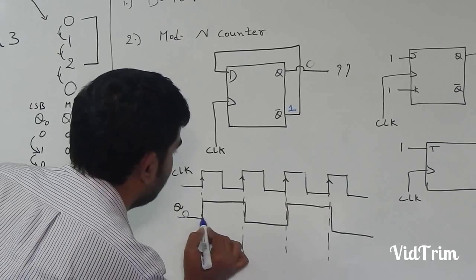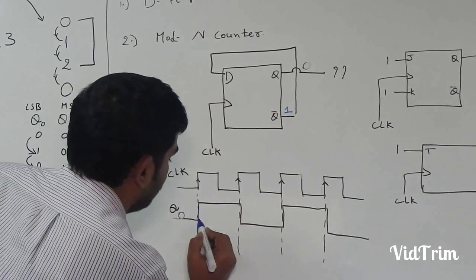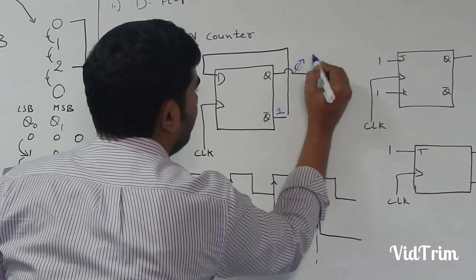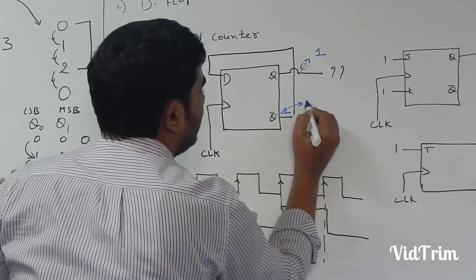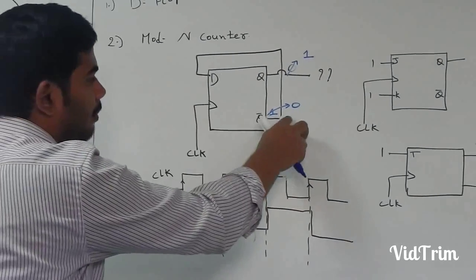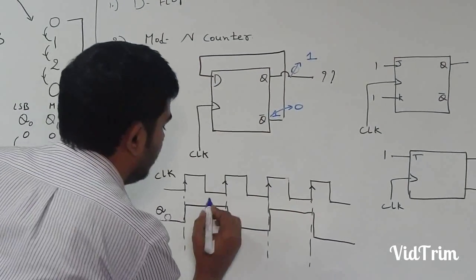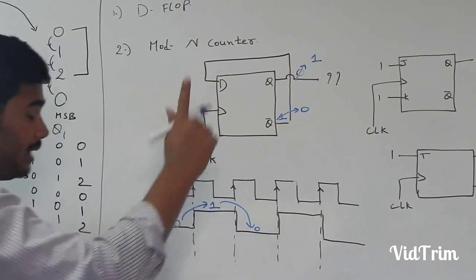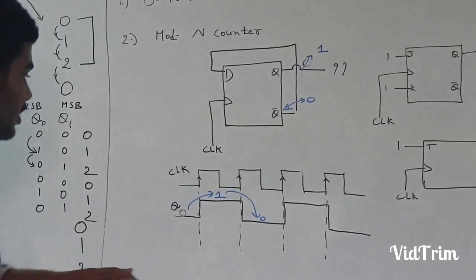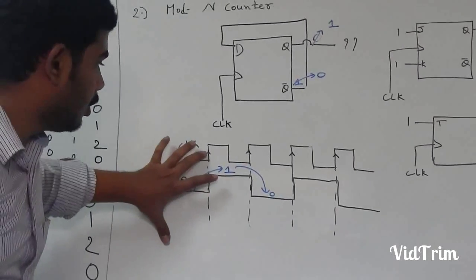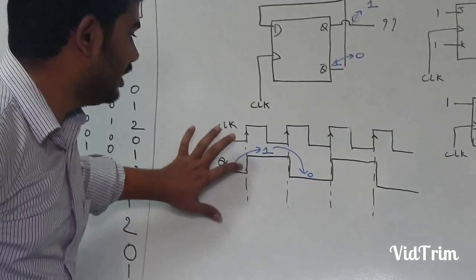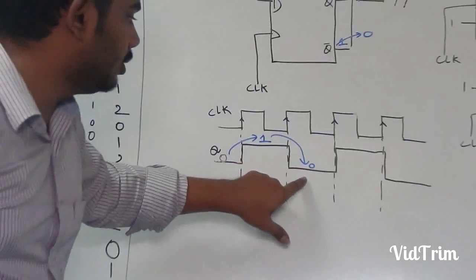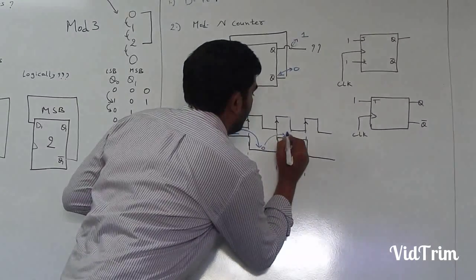At this clock pulse we are sending 1 here, so 1 is captured, and 0 will be changed to 1, and 1 will be changed to 0. And the next clock pulse we are sending 0, so this 1 will become 0 again. I am capturing output only. So by this what you can understand is, every clock pulse the previous state is toggled, in the sense complemented. So 0 is changed to 1, 1 is changed to 0, 0 is changed to 1 and so on and so forth.